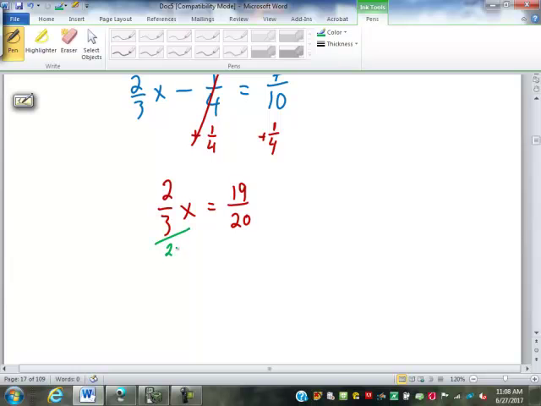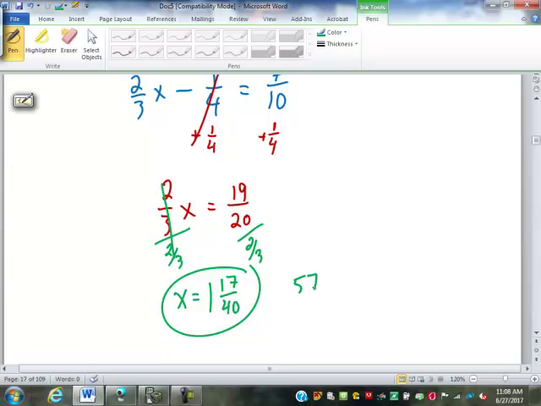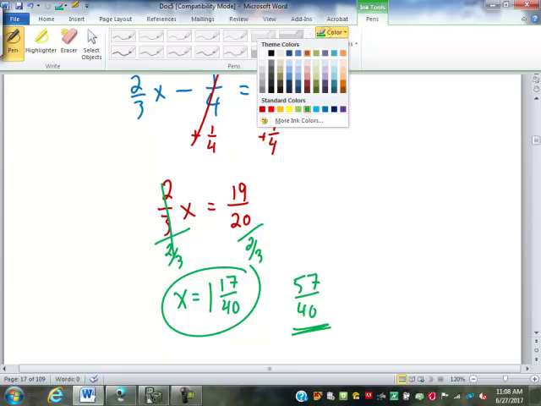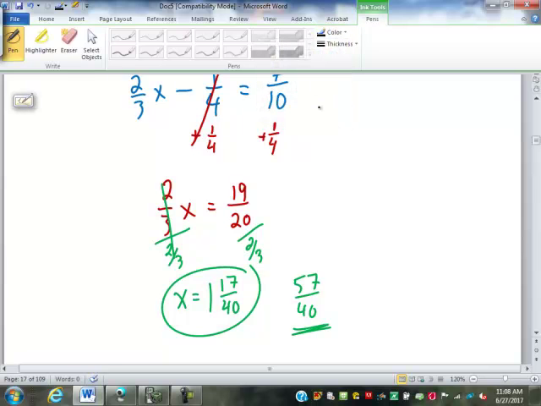Divide by 2/3 or multiply by 3/2. Perfect. Which gives us 57/40, or 1 17/40, right? So it's not so bad, right?